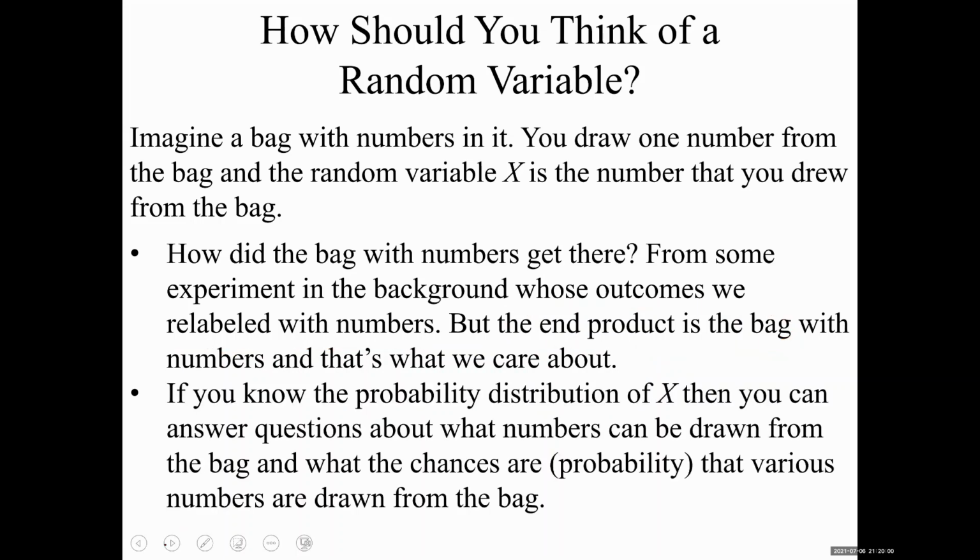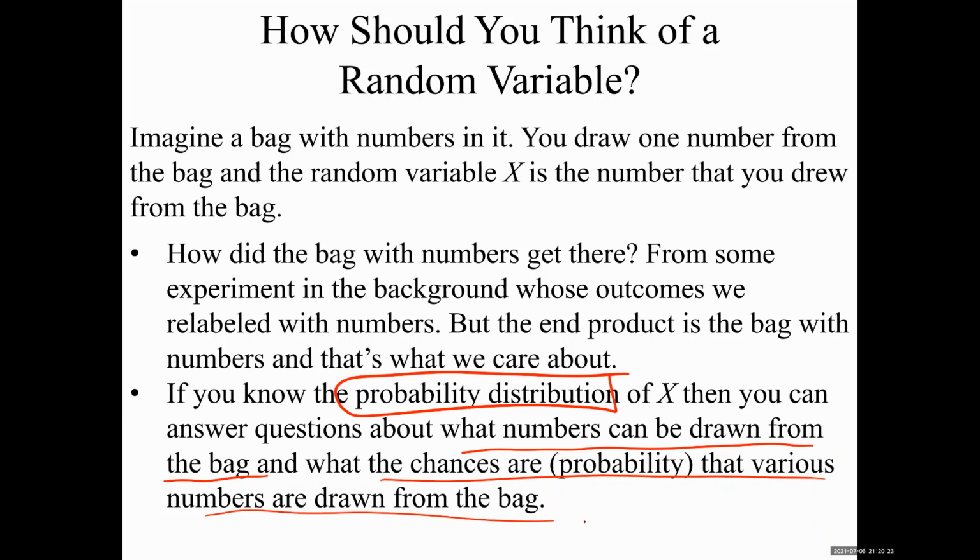We talked about the probability distribution of a random variable last class. If you have the probability distribution of a random variable, then it lets you know a lot of information about the bag of numbers. It lets you know what numbers can be drawn from the bag and what the probabilities are of drawing those numbers out of the bag. Remember, it was a two-column table.